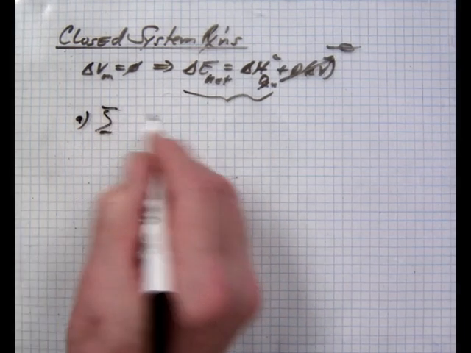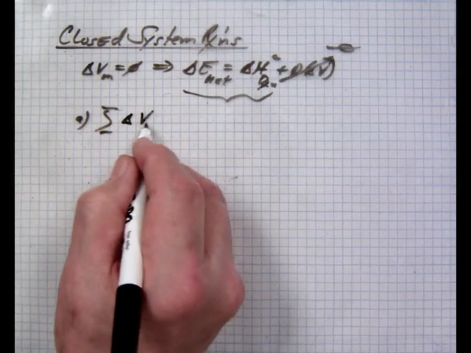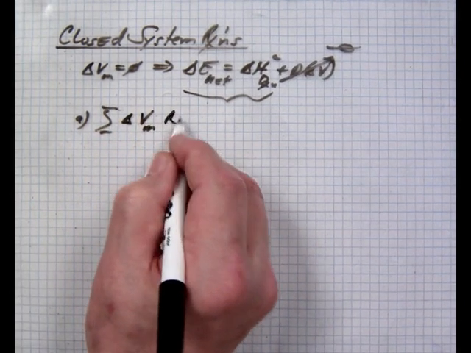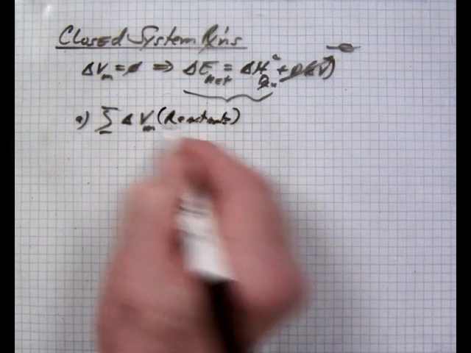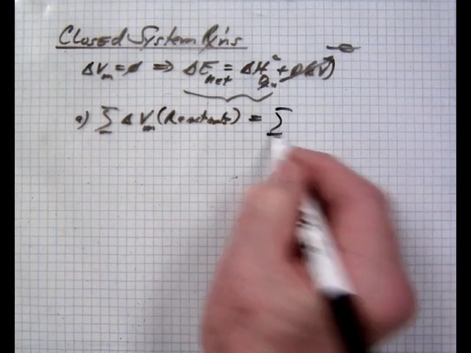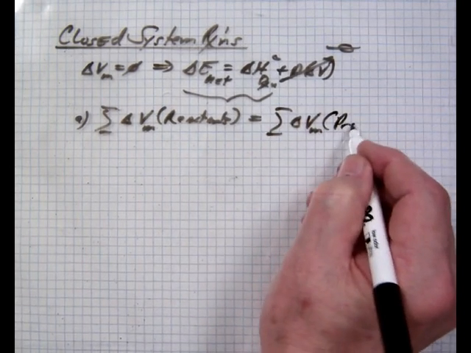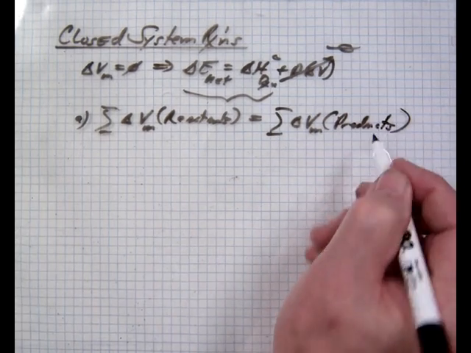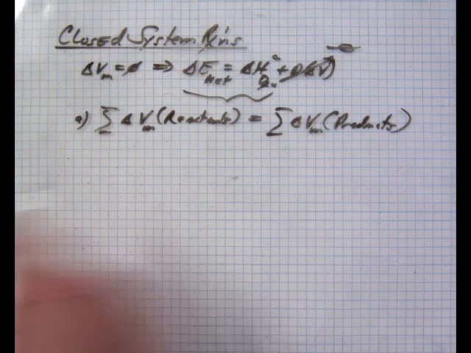If the sum of all the changes in molar volume of the reactants equals the sum of the changes in molar volume of the products, then delta V will become 0, and that's closed system.